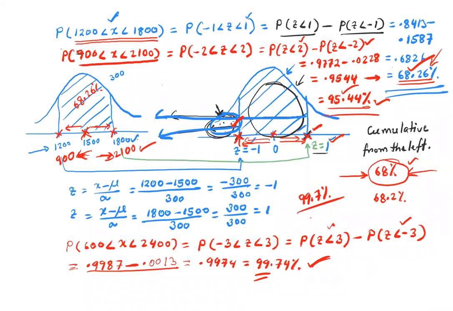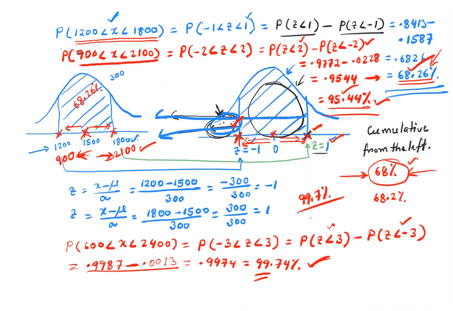So approximately 99.74%. If you move 3 standard deviations to the right of the mean and 3 standard deviations to the left of the mean, you include approximately 99.74% of the data. That's what it is. Now, with this example, you saw how the empirical rule works, okay?